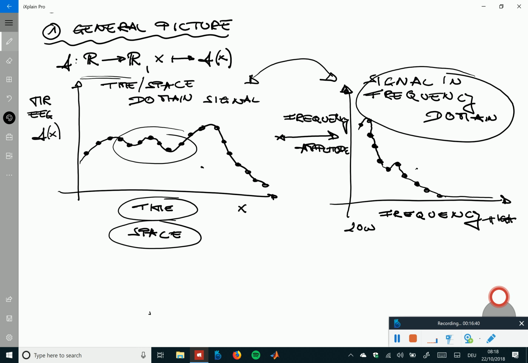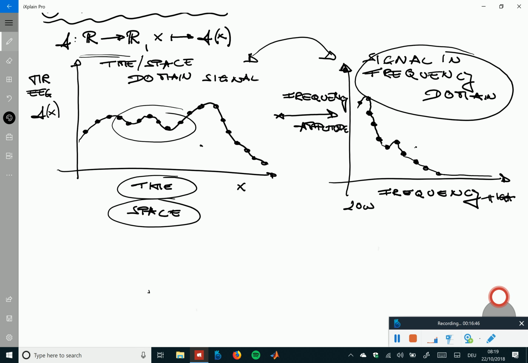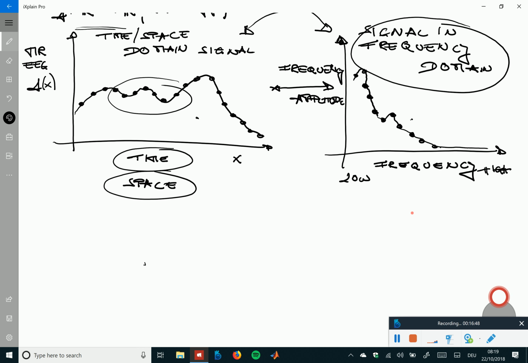And then finally, a different perspective on the whole thing is that you can also view this approach as a modeling approach. So if you call this the data, then representing the data in terms of frequencies of different amplitudes is a model for the data.